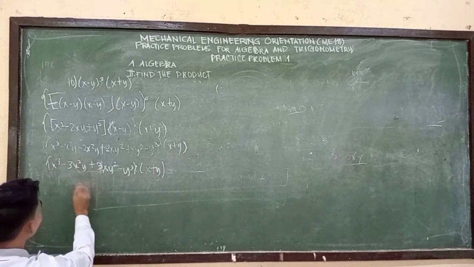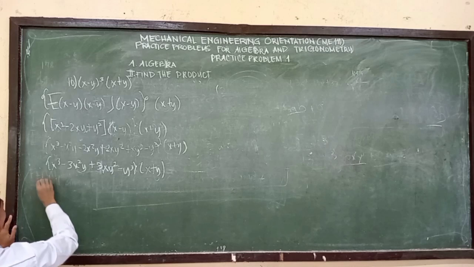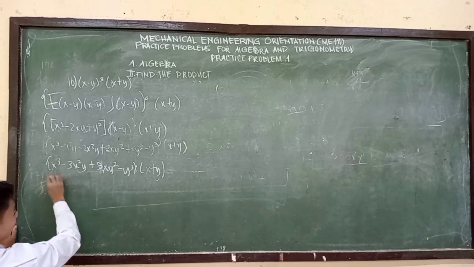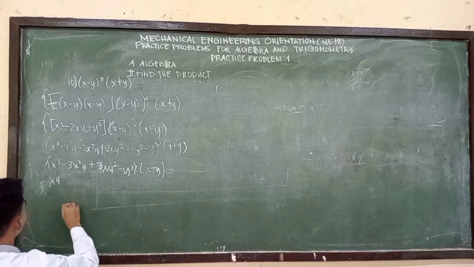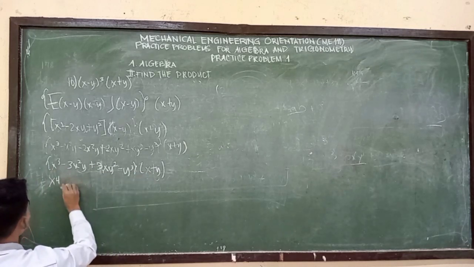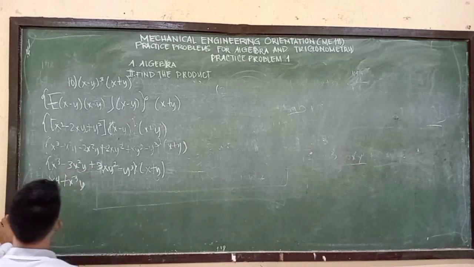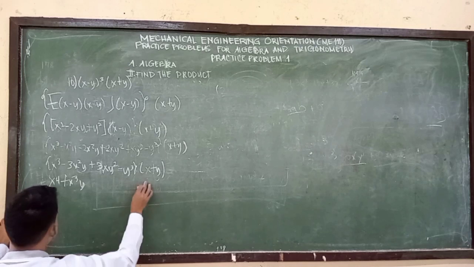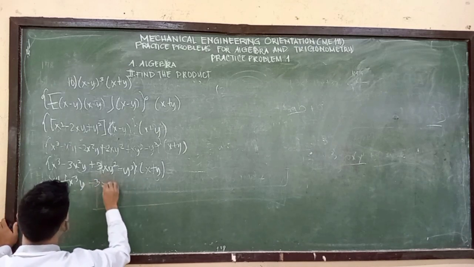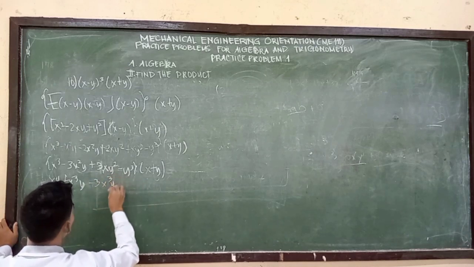Again, distribute. x cubed times x is x to the fourth. x cubed times y is x cubed y. Negative 3x squared y times x is negative 3x cubed y.